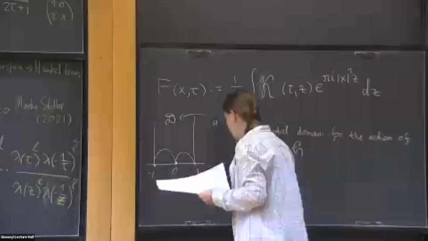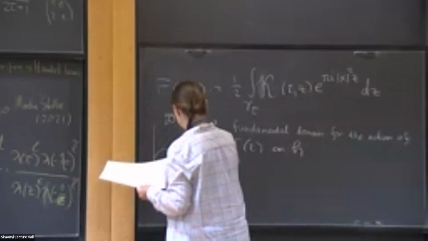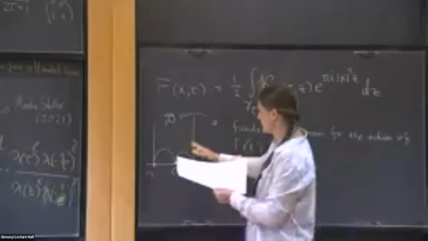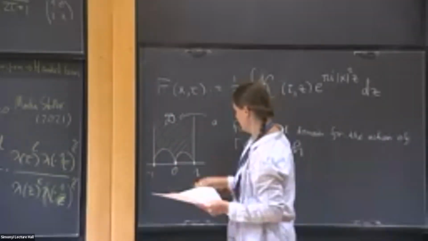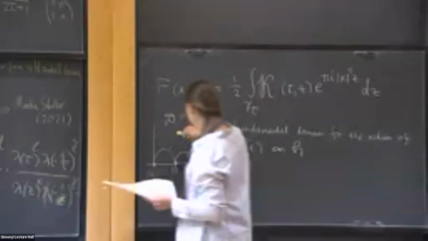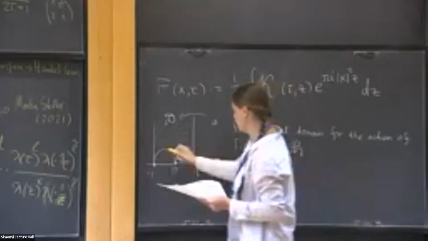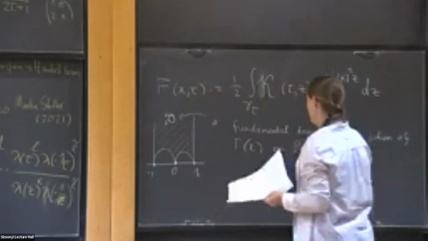It is the intersection of this half strip and its image under the inversion of the upper half plane. That's usually a convenient fundamental domain for gamma 2.